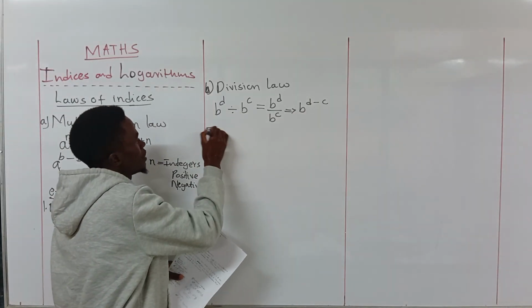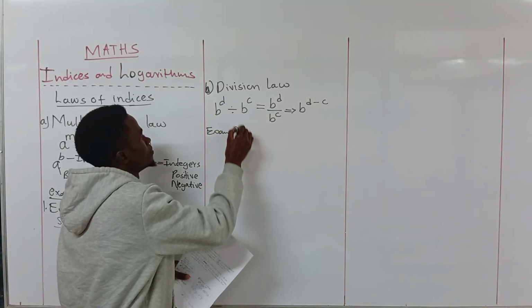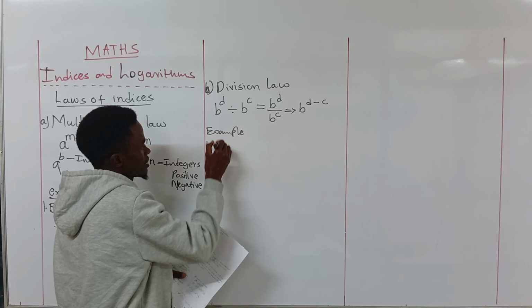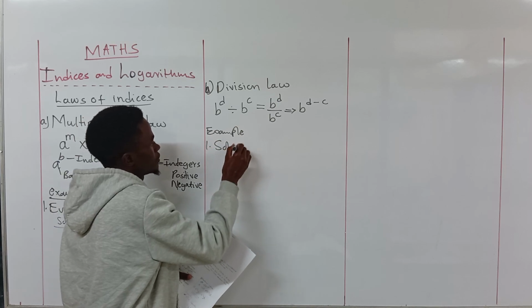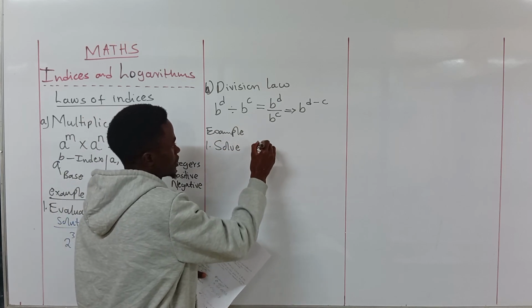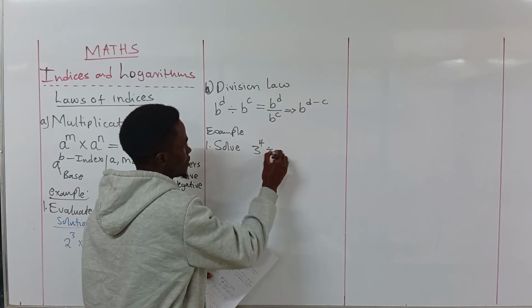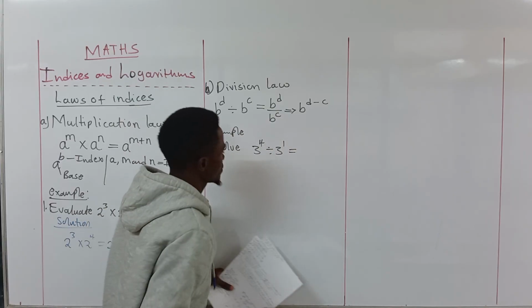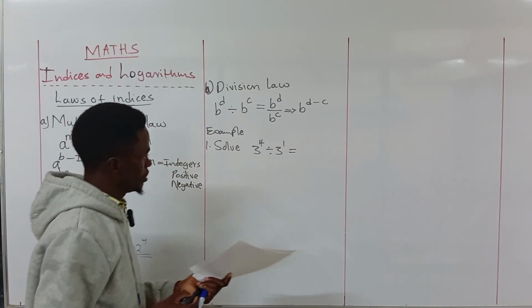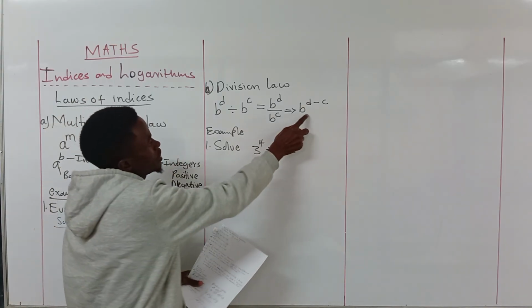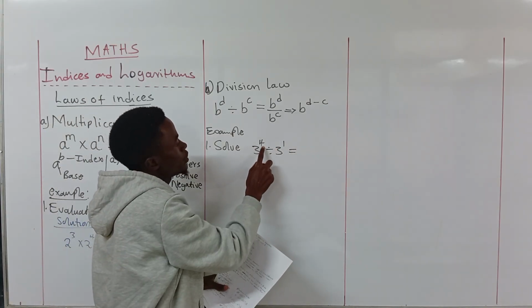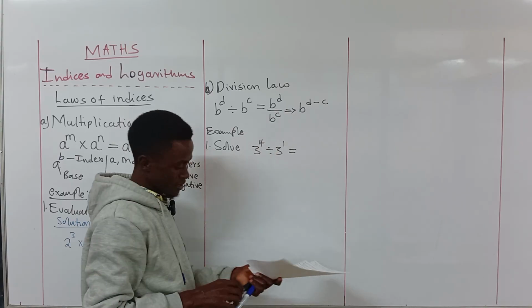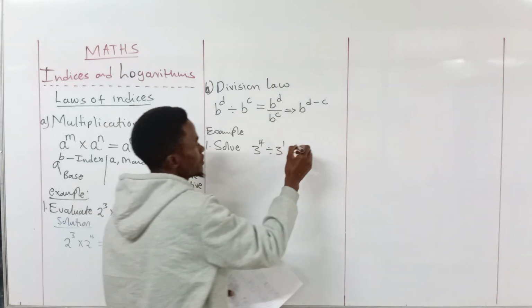So we can have an example. Our first example is: solve 3 raised to power 4 divided by 3 raised to power 1. Our solution here is going to be this. According to this law, we are going to do subtraction on the powers and our base is going to remain the same.